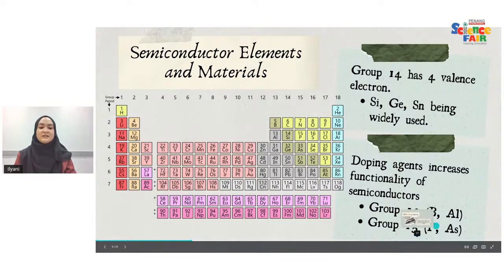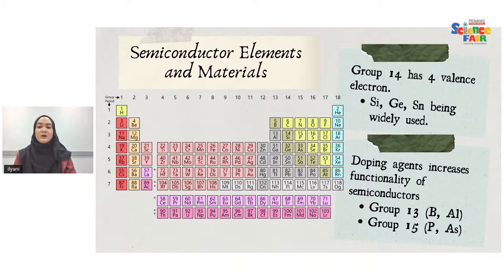Group 13 is boron and aluminum, and group 15 is phosphorus and arsenic. As you know, group 13 is lacking 1 valence electron to be stable, and group 15 has 1 extra electron to be stable. I do not have much time today to explain the doping mechanism, so I will leave this info for you to research on your own, okay?